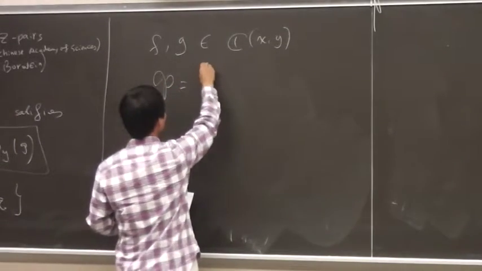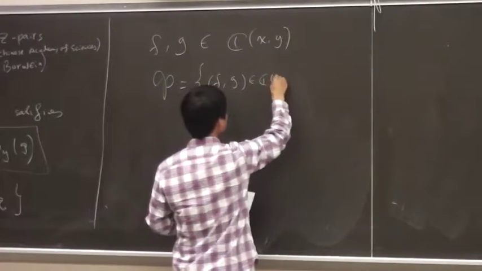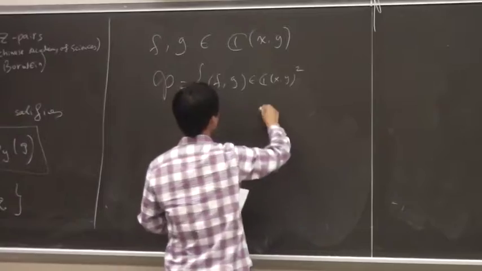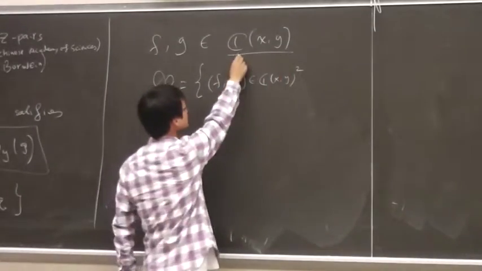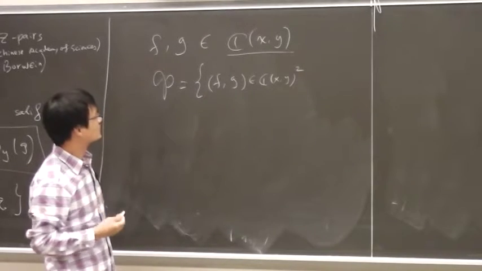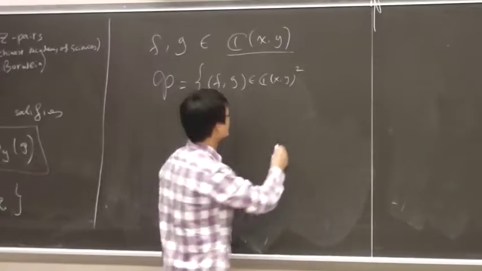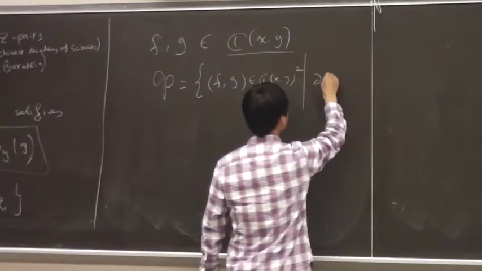It forms a linear space because you can easily check that C(x, y), this rational function field, is a vector space over C of infinite dimension. But then you can focus on all pairs that satisfy this equation.